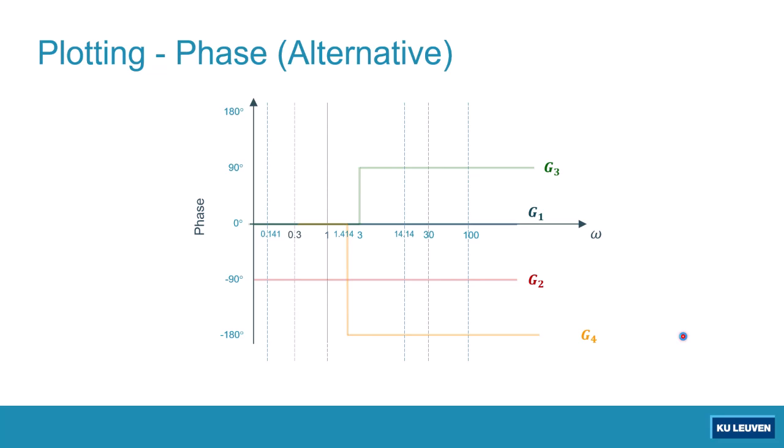Of course, in here we will have some abrupt jumps accordingly. If blue one here is the straight line sketching of the phase plot for G1, red is for G2, green is for G3, and the yellow one is for G4, then by superposing all of these 4 plots, I will get this straight line approximation for the phase plot.